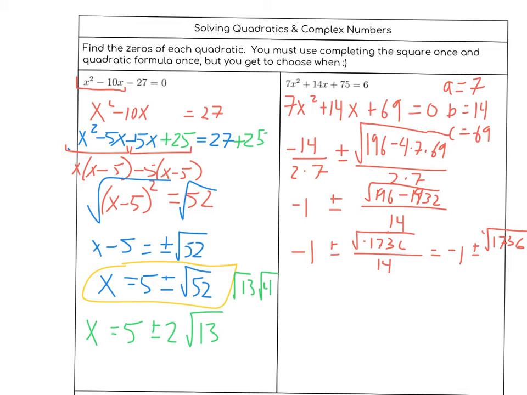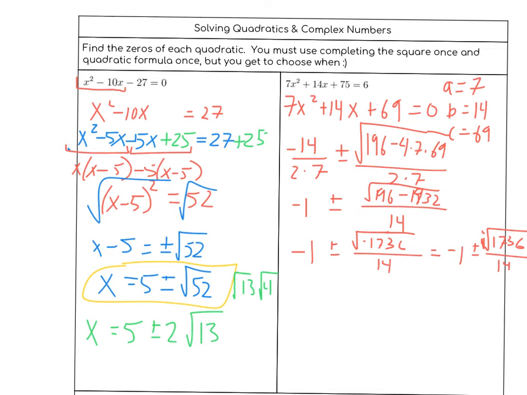1736. I'm going to put an i in front because I lost room behind. We can't have that negative inside, and then we got a 14 on the bottom. Just for giggles' sake, if I were to reduce 1736, I have a feeling it's going to come out somewhat nicer.